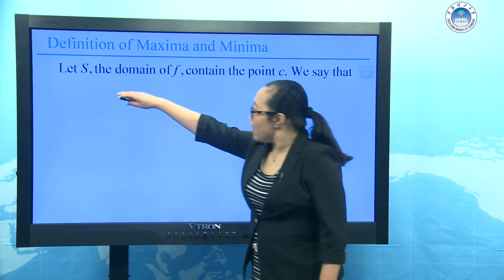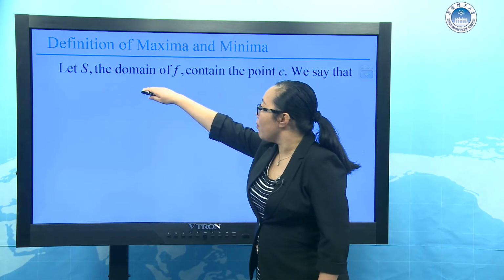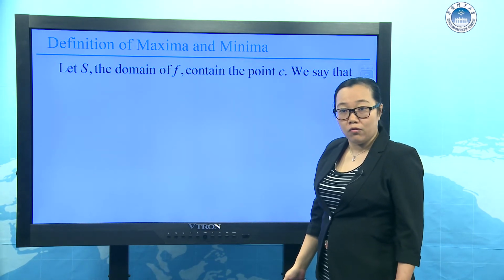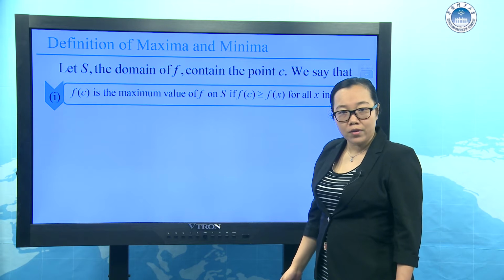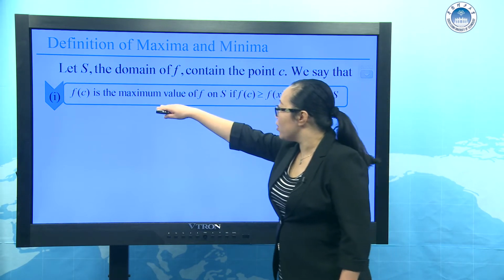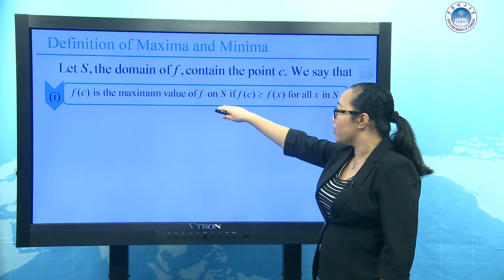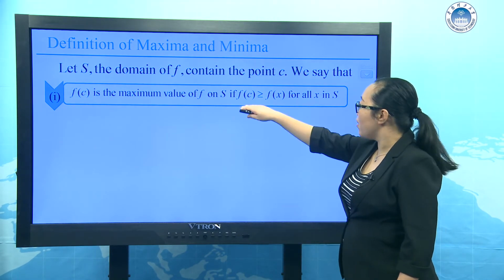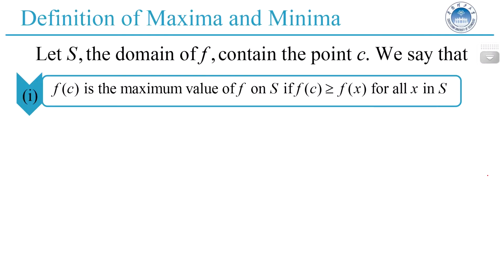Now look at this. Let S be the domain of the function f, containing the point c. We will say f(c) is the maximum value of function f on the given domain S if f(c) is larger than or equal to f(x) for all x in the domain.